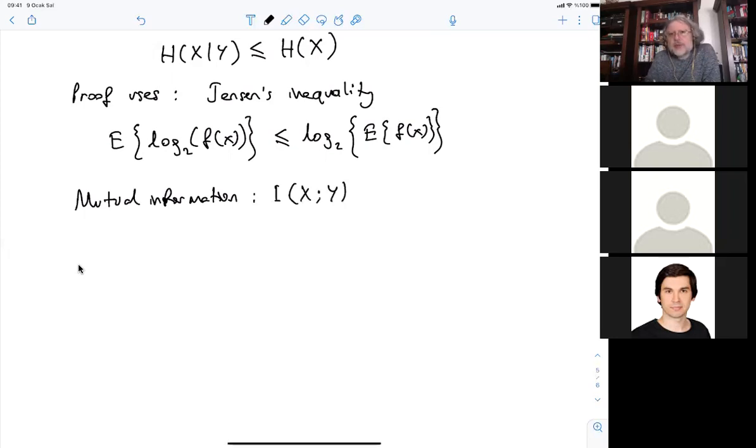So this is the mutual information among x and y, given as the entropy of x minus the conditional entropy of x given y. That amount gives you the mutual information of two random signals x and y.